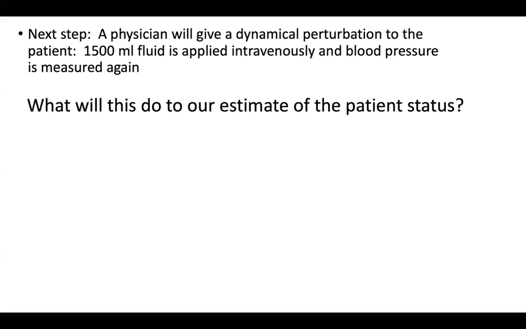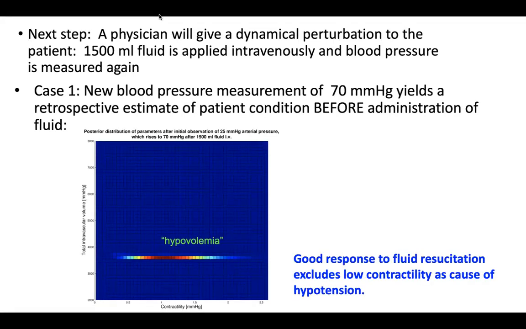So let's apply the Bayesian approach, assuming two different possible outcomes of this experiment. We're going to have the fluid injection, we're going to read blood pressure again, and let's look at some scenarios of possible values that we could get. In one case, the blood pressure has now gone up significantly due to this fluid injection.